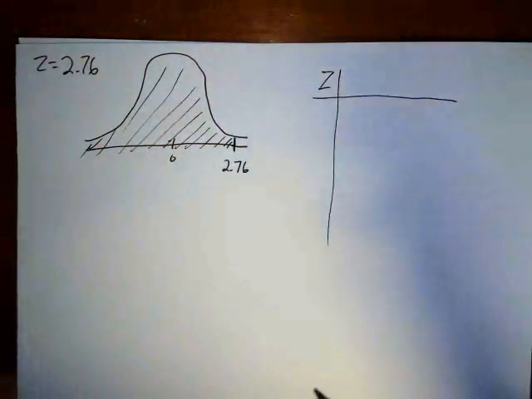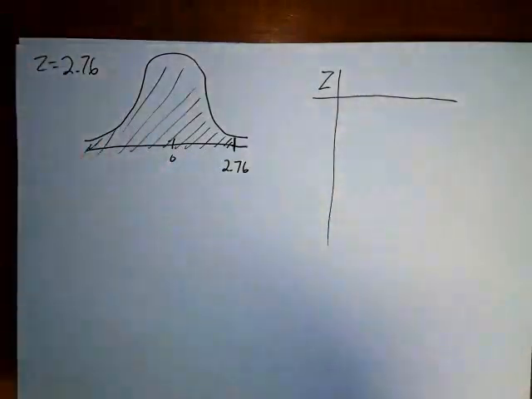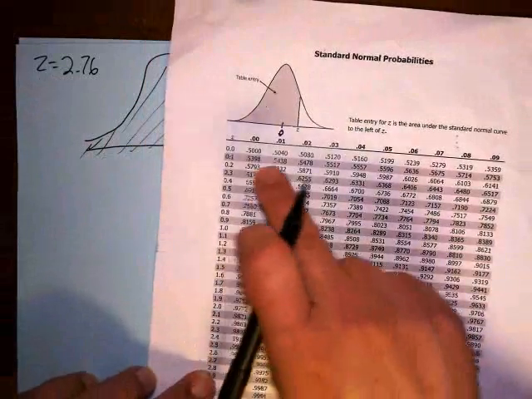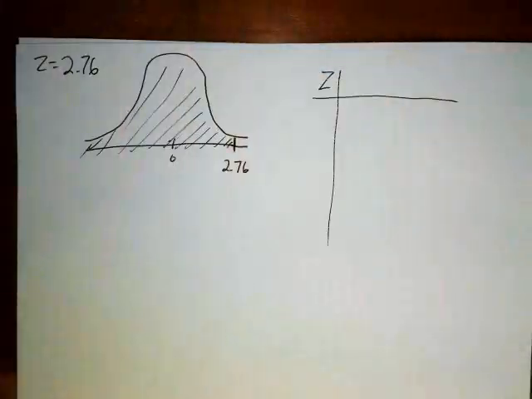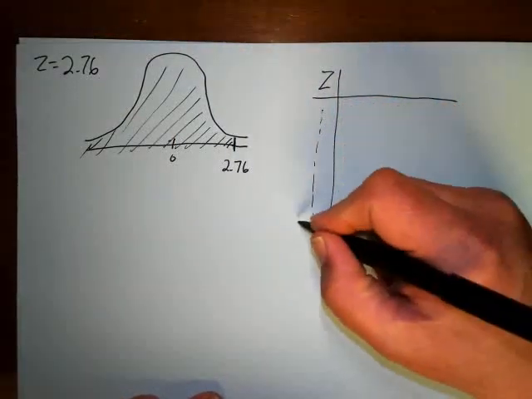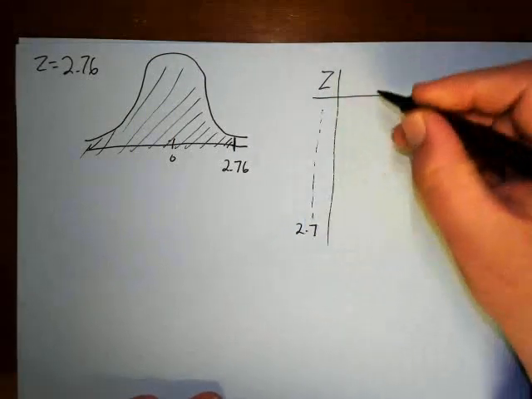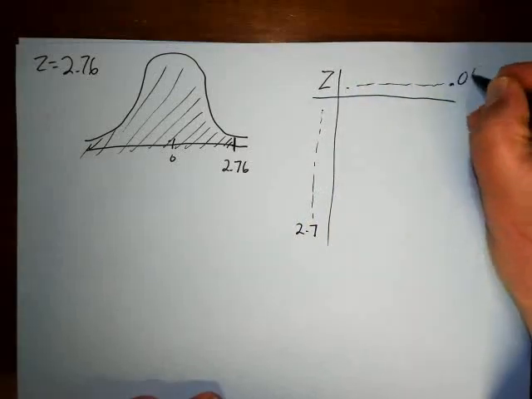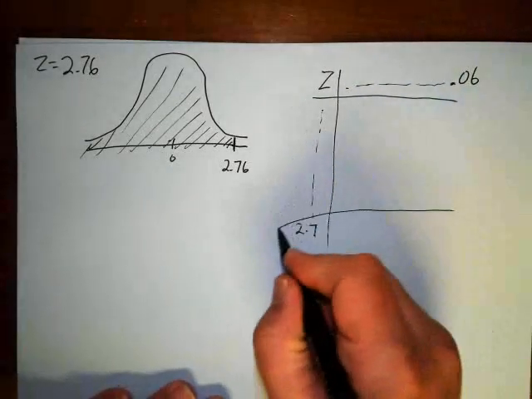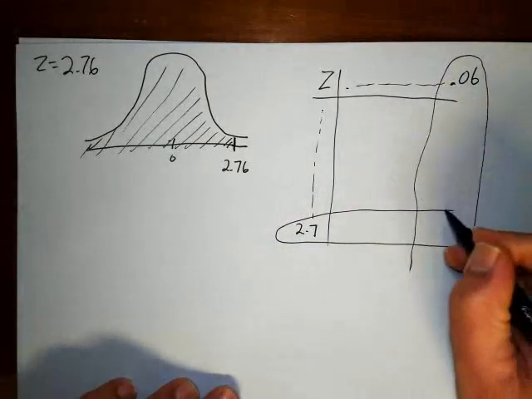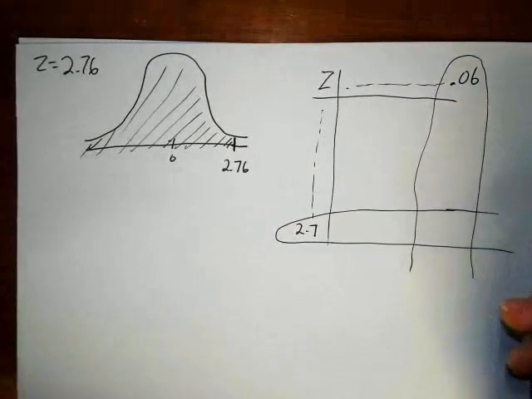Okay? So to look this up, I need to be on the positive side, and I'm going to go down till I get to 2.7, go over till I get to 0.06, and then where this row and this column intersect, I get a 4-digit number.